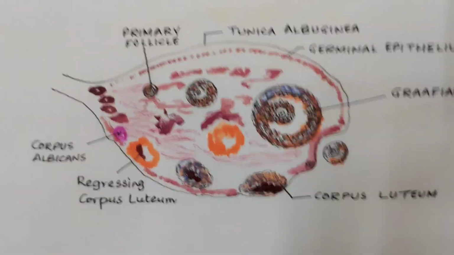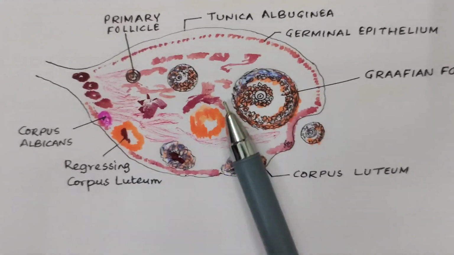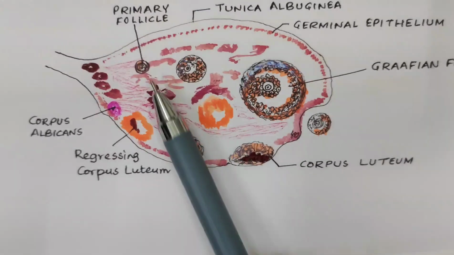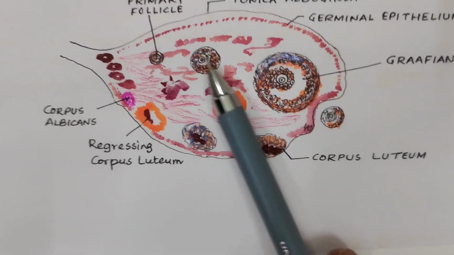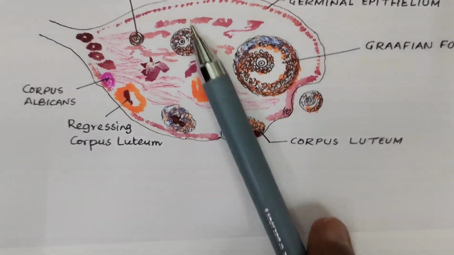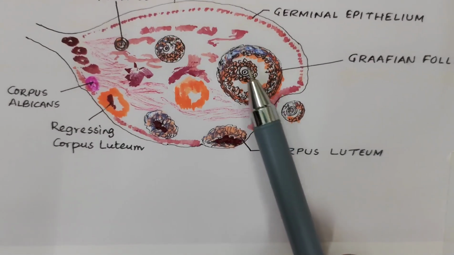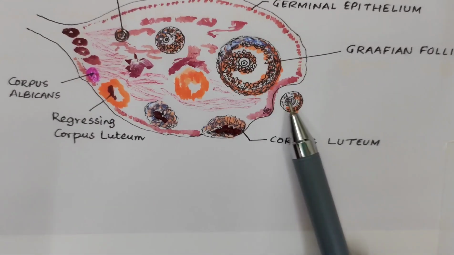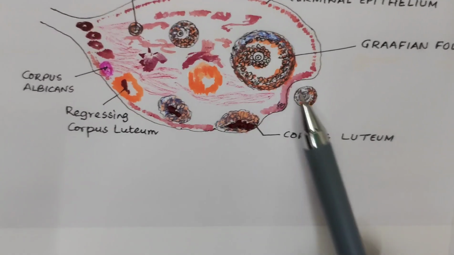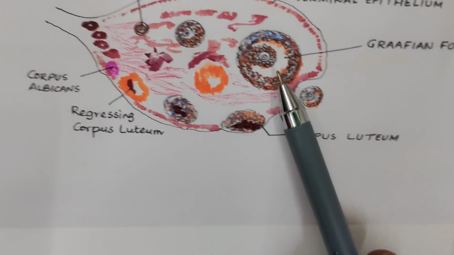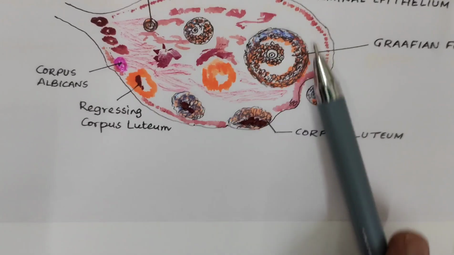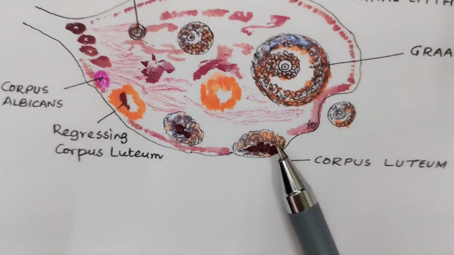This is the ovary. The ovary has primary follicles which grow bigger and bigger and produce a Graafian follicle. The Graafian follicle releases its egg outside by the process of ovulation, and then the remnant of the Graafian follicle changes into a yellowish body called corpus luteum.